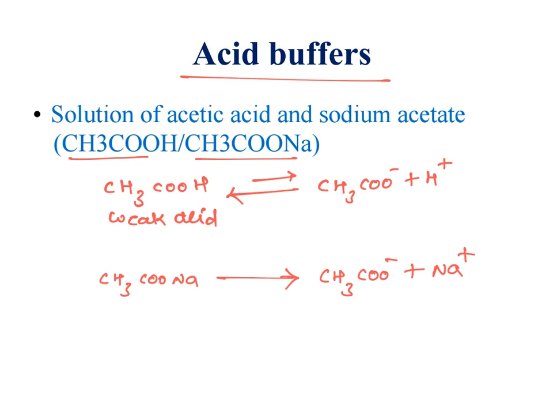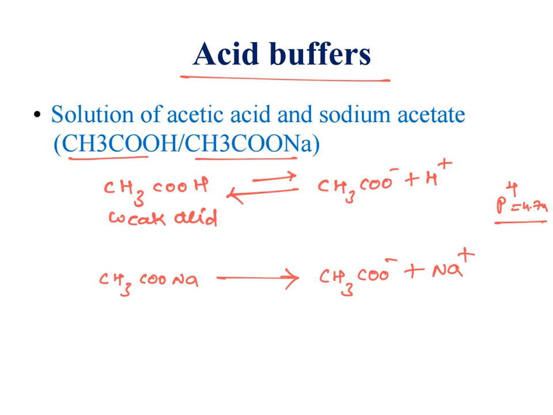Then how will it resist the change in pH? If you take 0.1 molar acetic acid and 0.1 molar sodium acetate, the pH of the solution will be approximately 4.74. This pH lies in the acidic medium, that's why we call it an acid buffer.